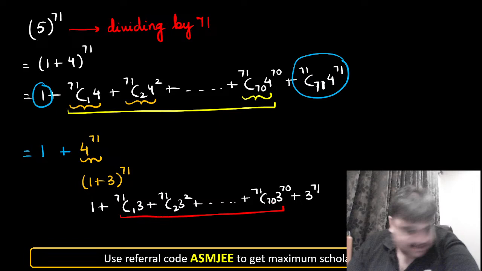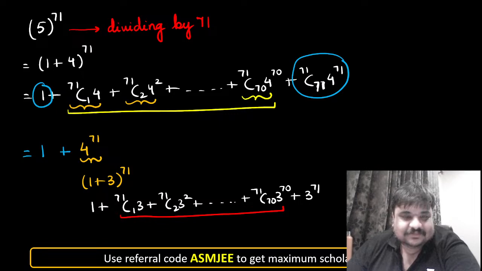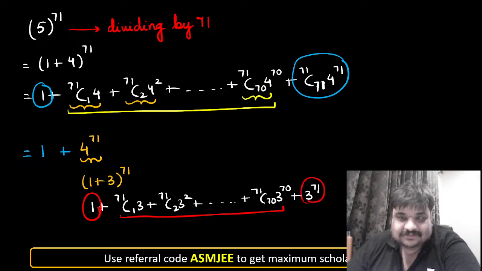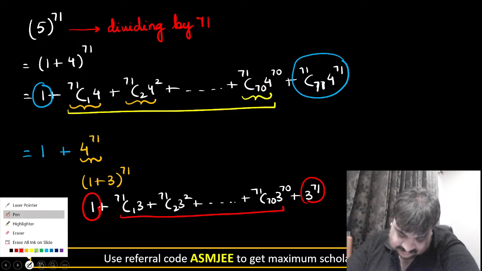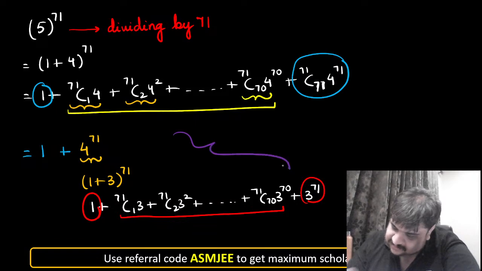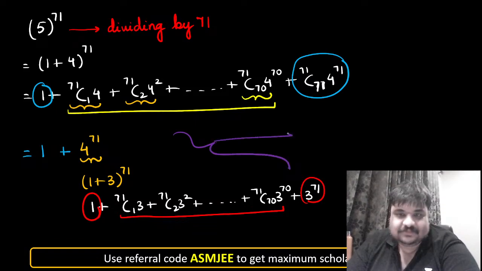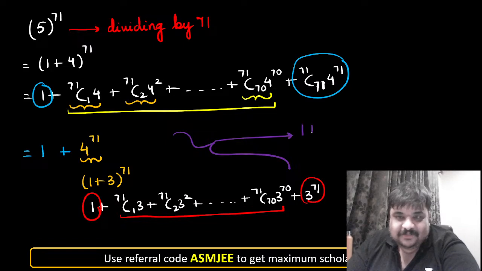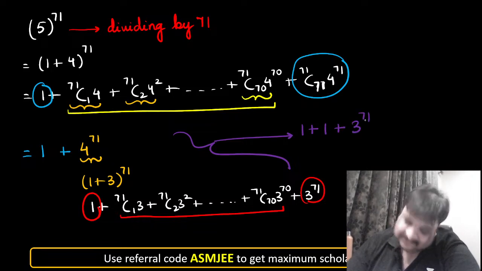All these will give 71 as a factor, except these two terms. So what's left? 1 plus 1 plus 3 raised to the power 71.